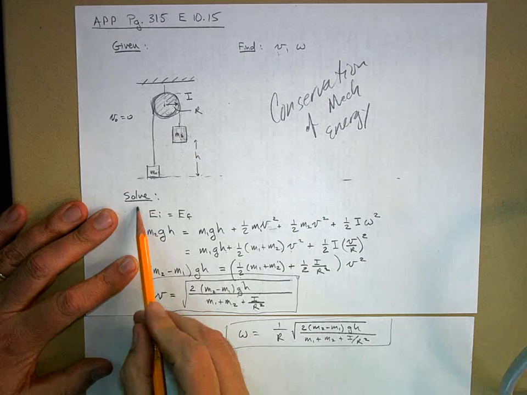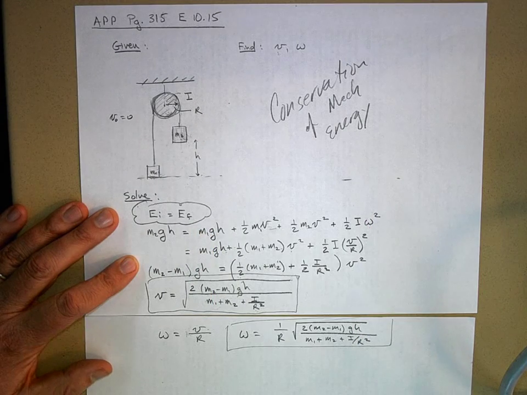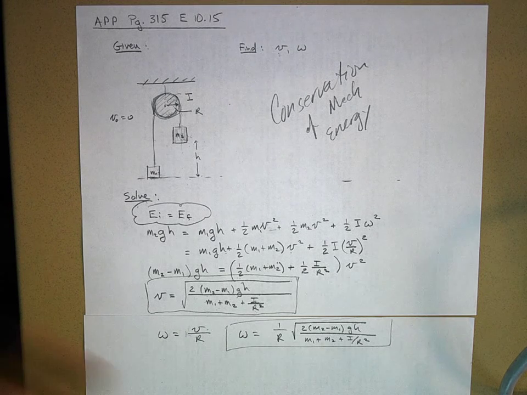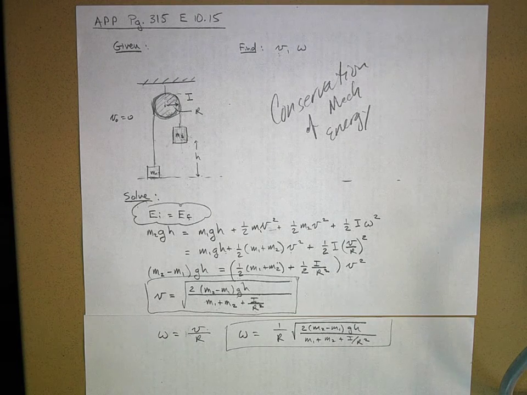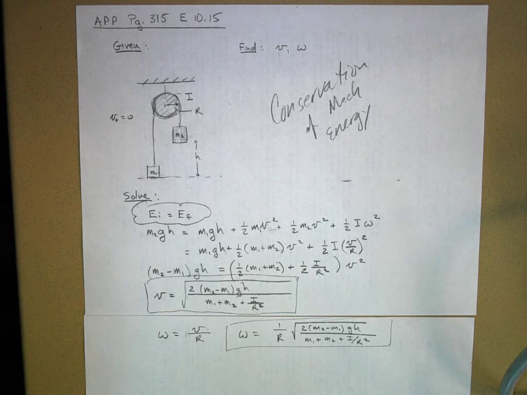You need to be able to look at this situation and say, okay, nobody's adding energy to this system. Nobody's taking energy away from this system. We're just, within the system itself, taking gravitational potential energy and turning it into kinetic energy. The only thing that's different now is that this pulley now has a significant amount of the kinetic energy.